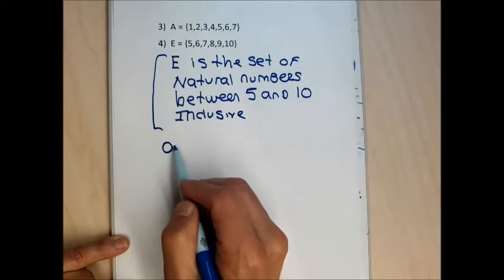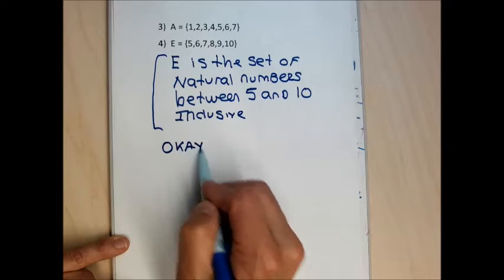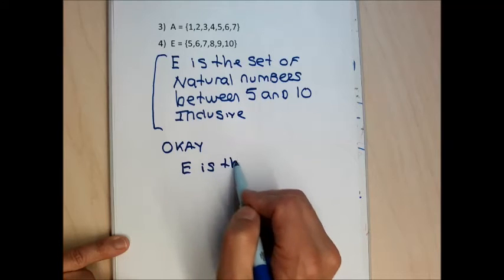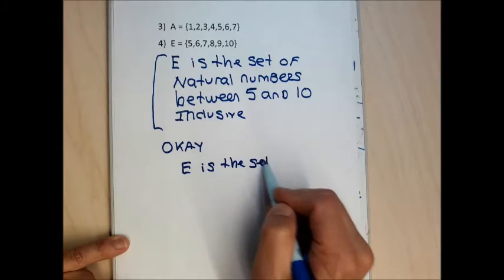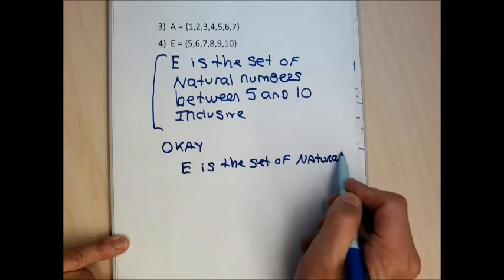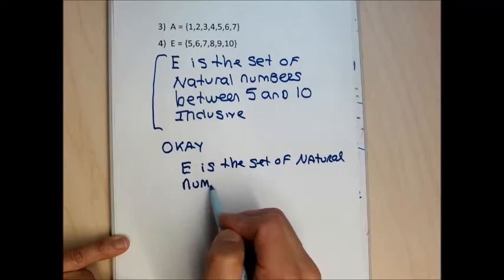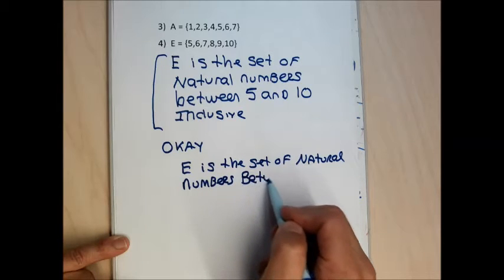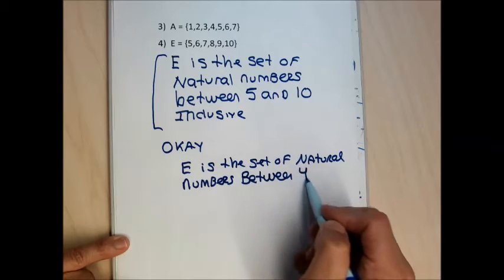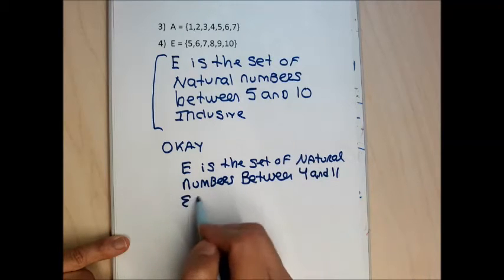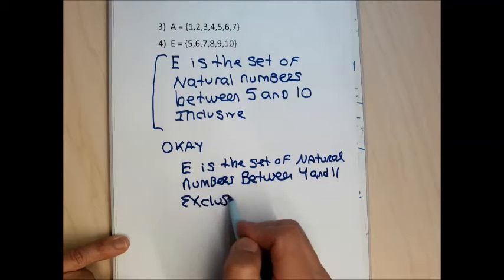It would be equally okay if I said E is the set of natural numbers between 4 and 11 exclusive.